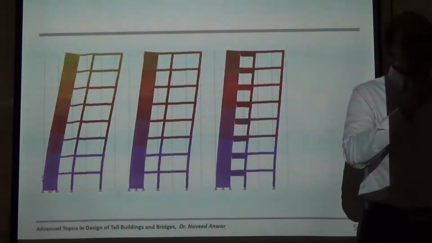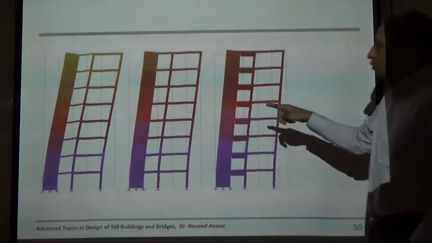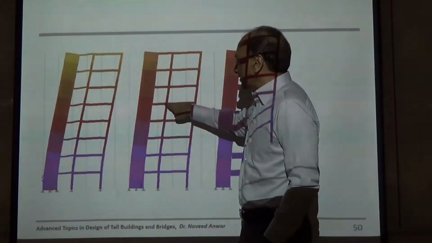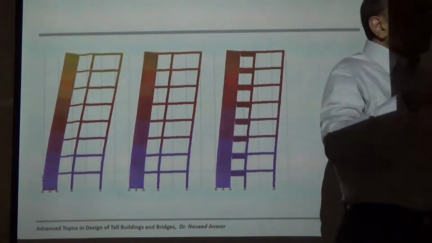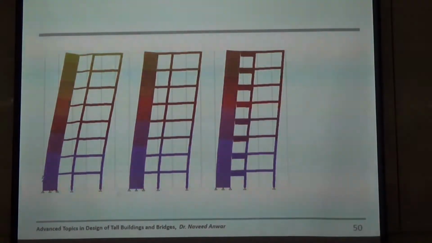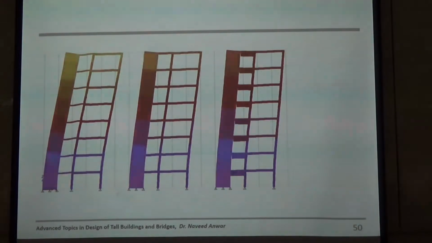So what happens is that if you put a beam like this, you will find that this beam has a lot of bending moment and a lot of shear. And you will increase the size to design for that. And when you increase the size, the bending moment and shear will increase more because the stiffness has increased.